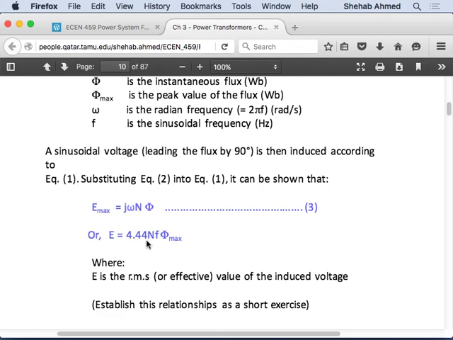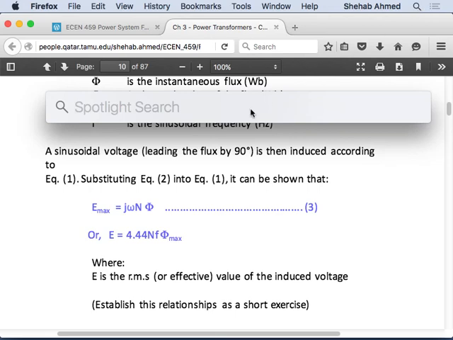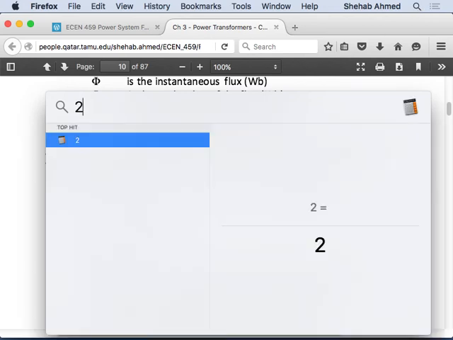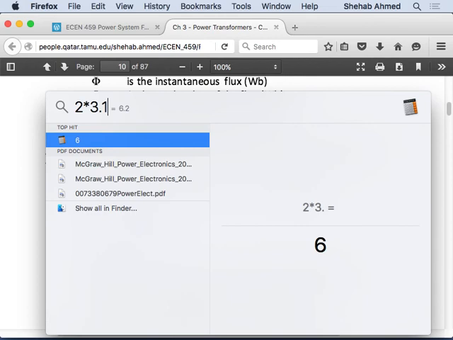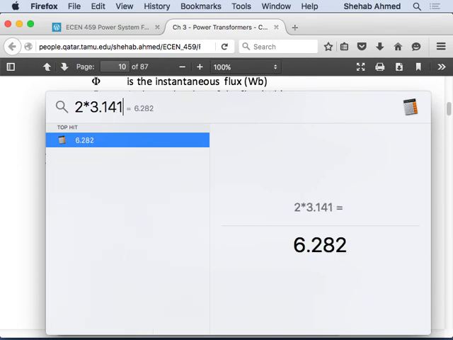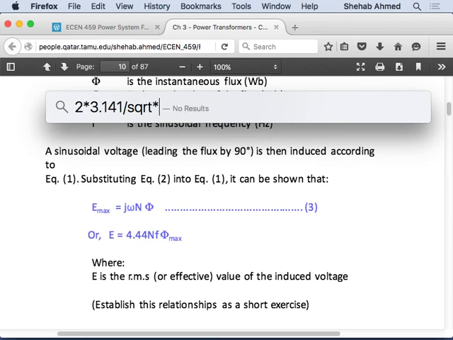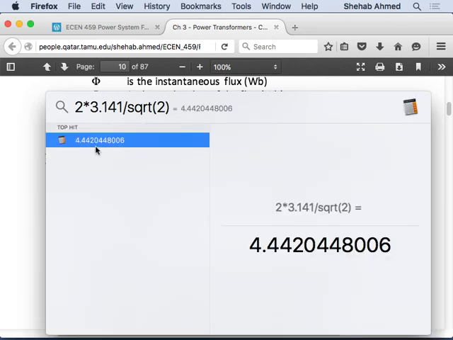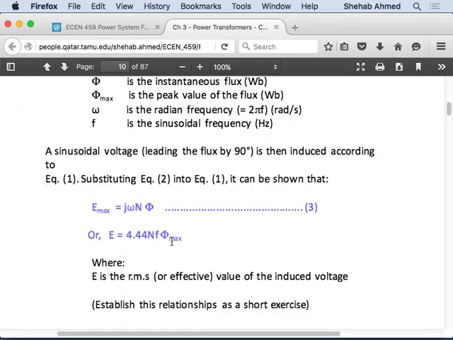I think I did it before coming. 2 times 3.141 divided by square root of 2 is 4.44 that we have, right? That's where this 4.44 comes in, right?